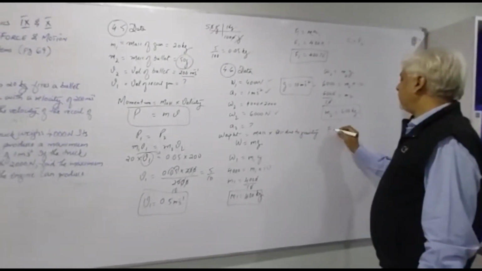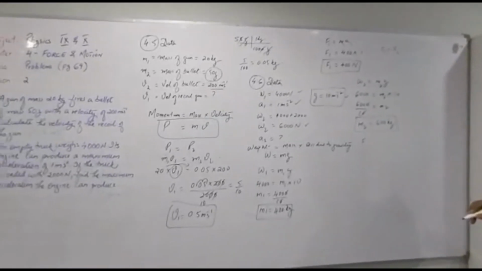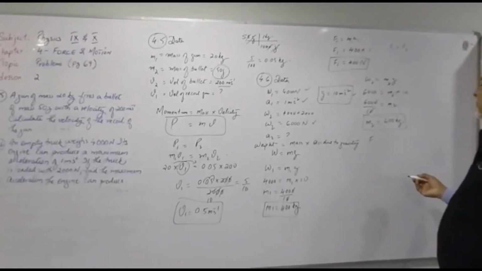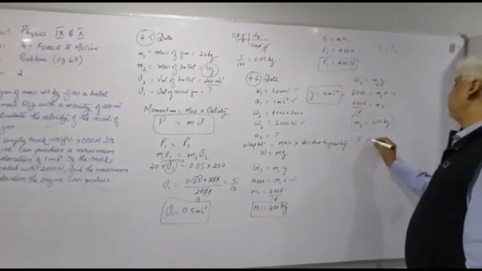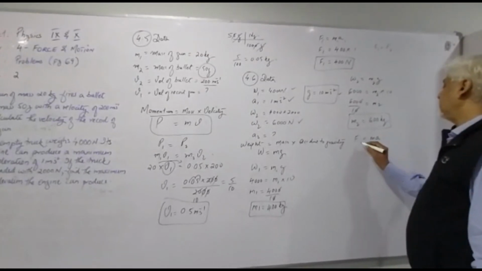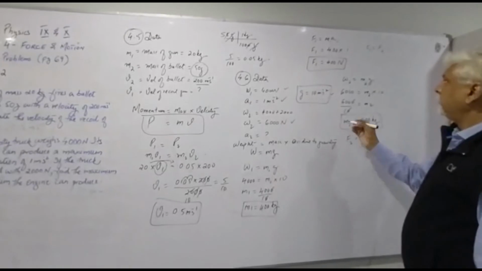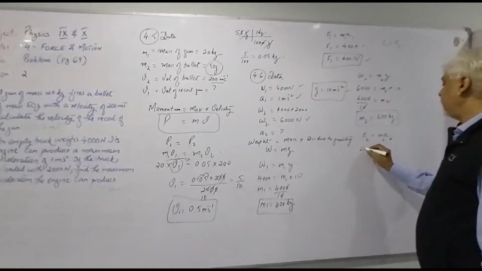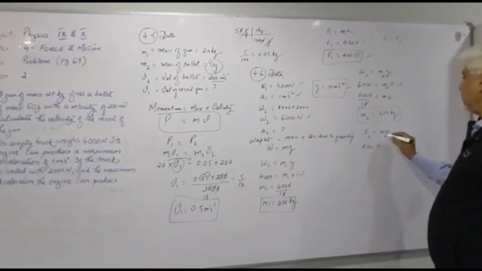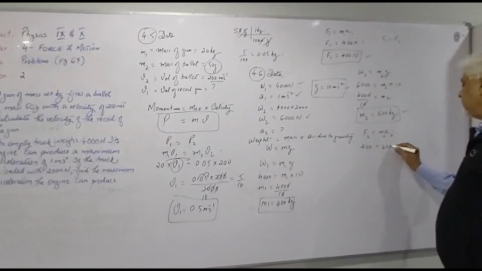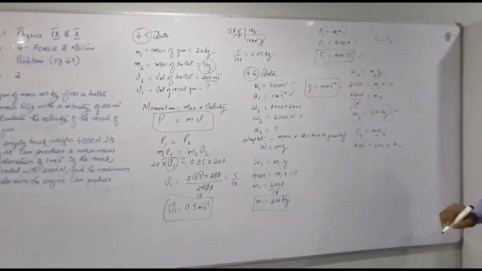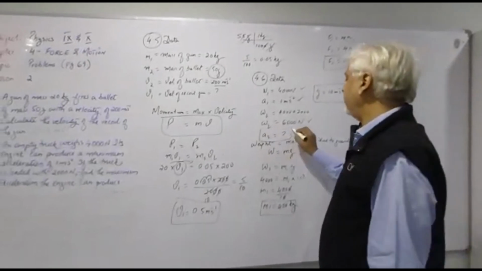So let's find. We know basically F is equal to ma. So when I put 2 over here, F2 is equal to F1, which is 400. Mass m2, we just calculated 600, and we need to find the acceleration acting on it. This is a2, what we need to find out.